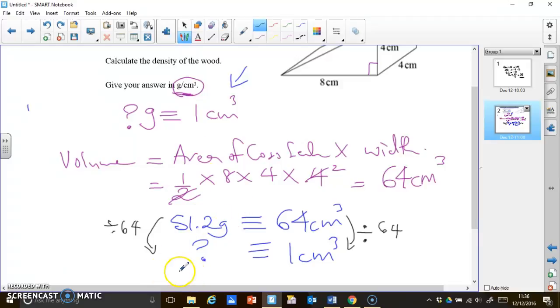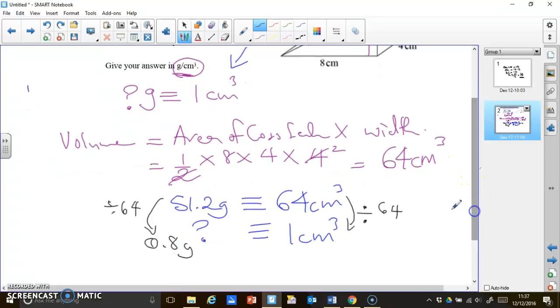So what is 51.2 divided by 64? And that gives us 0.8 gram. The meaning of this is every cm cube of this particular wood will weigh 0.8 grams.